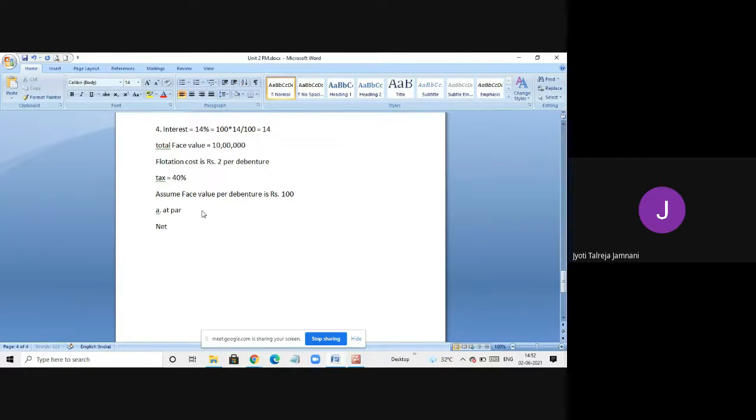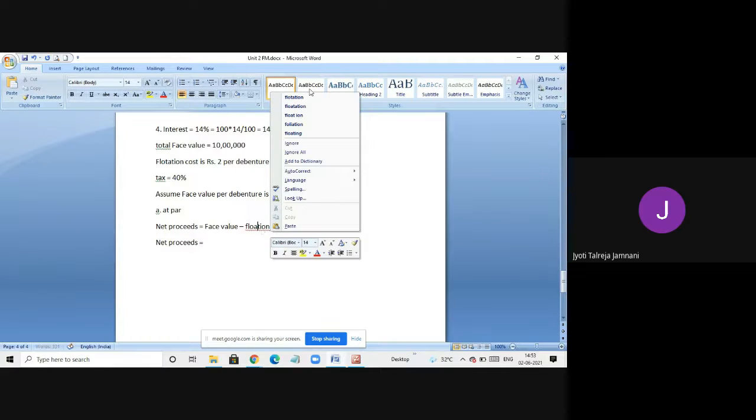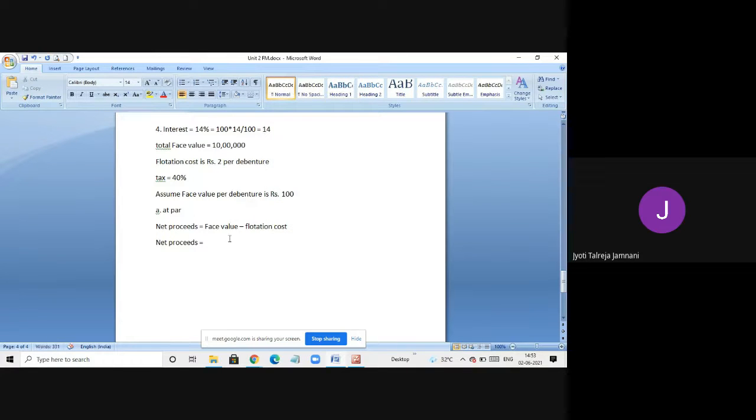At par, the net proceeds will be face value minus the cost of issue, or here they have given flotation cost. So net proceeds will be equal to face value, we have assumed it to be 100, minus the flotation cost 2 rupees. So 100 minus 2, 98 rupees is the net proceeds.